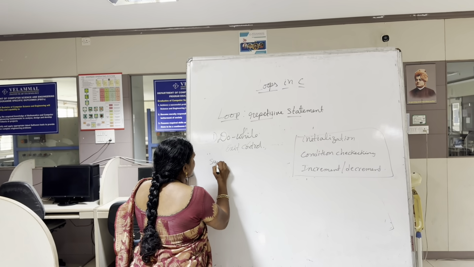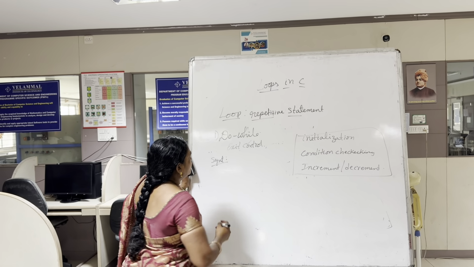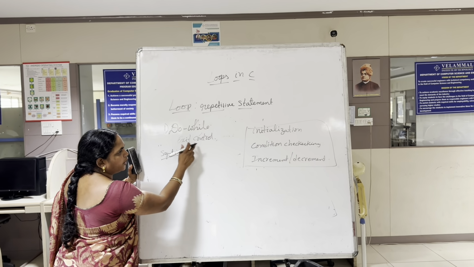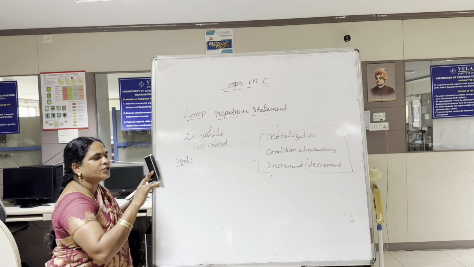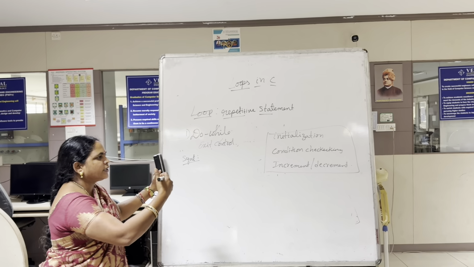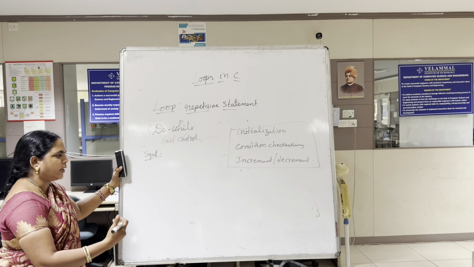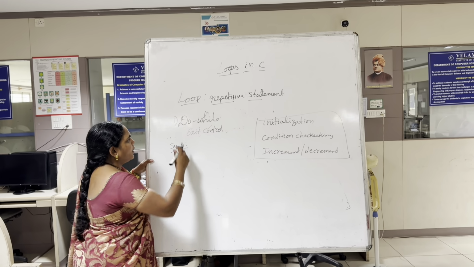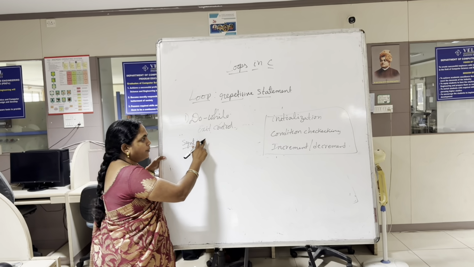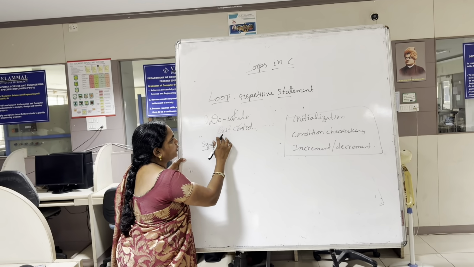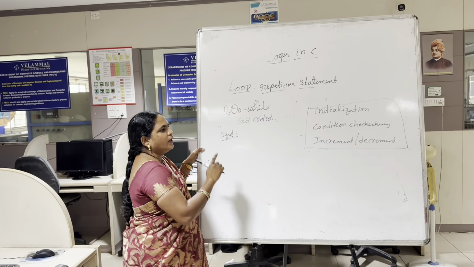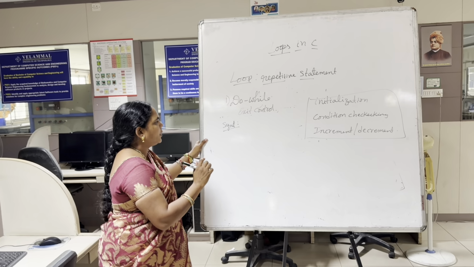Now the syntax of do-while is, we all know that do-while is an exit control statement. So initially do-while will not be checking the condition. It lets the code be executed once. After executing the code once, it will be executing the program at least once, and the minimum number of iterations for a do-while statement is 1.